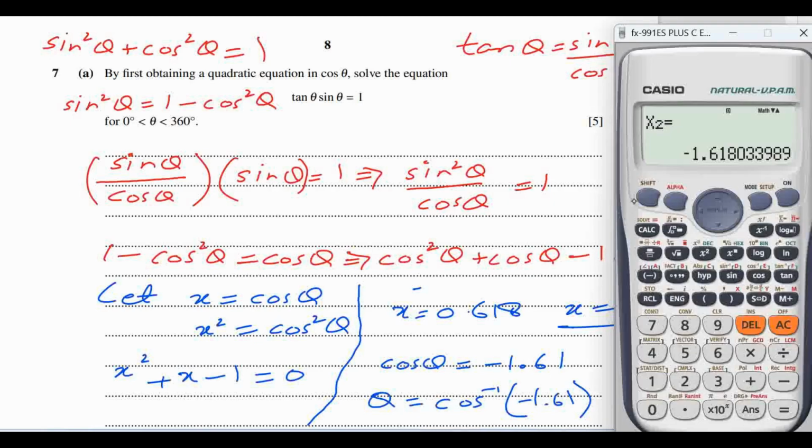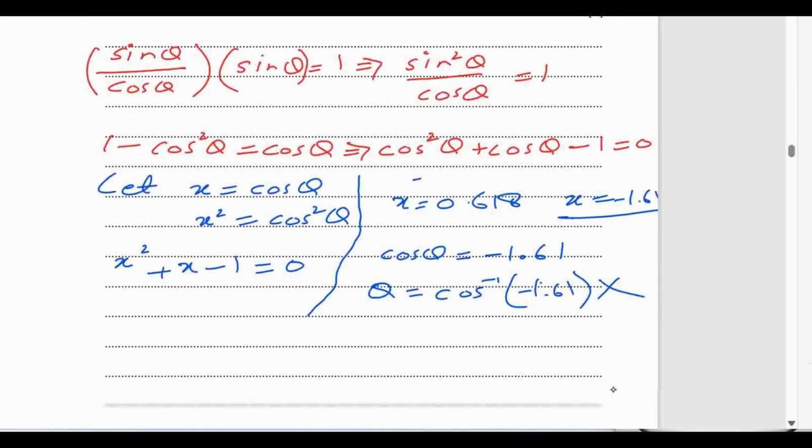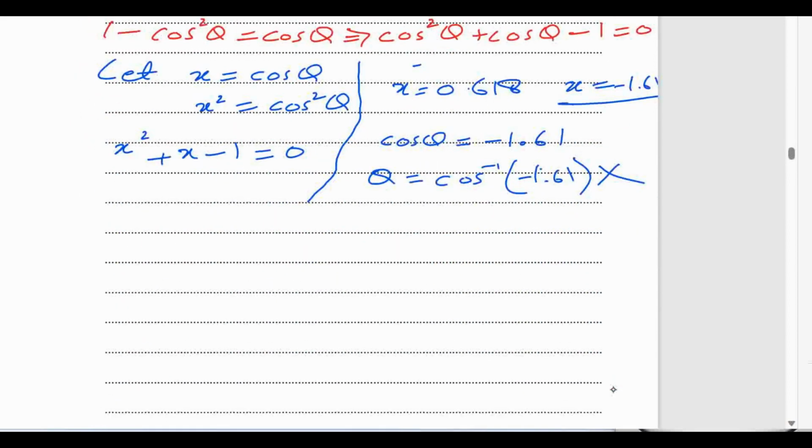We can write it as shift cos inverse of minus 1.61. We can clearly see the math error over here, so it means we will ignore this value. Now we will consider this one only.